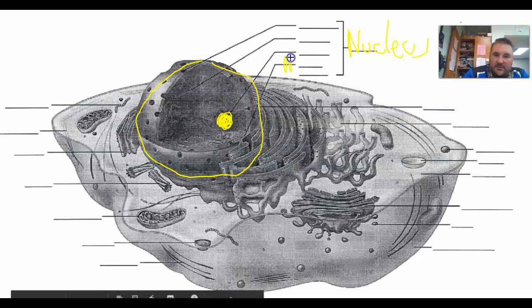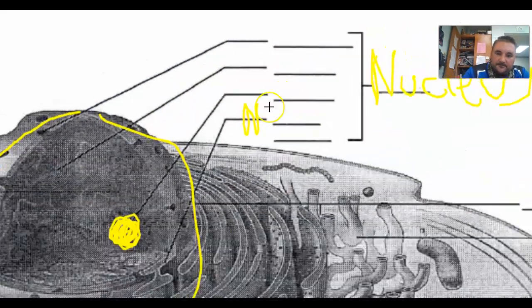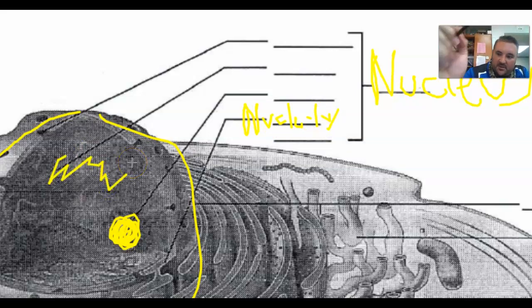This is our nucleolus. And if you forgot, that was still our chromatin.